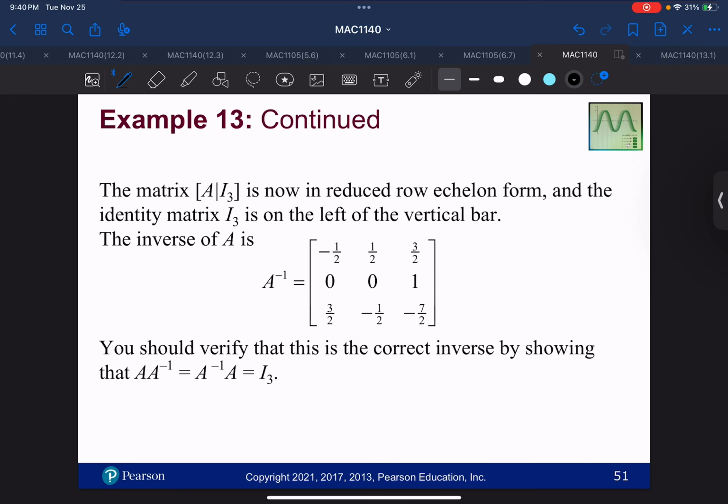And of course you can verify that this is the inverse by multiplying A times A inverse and A inverse times A to show that it gives you back the identity matrix, but it does. And you can even check this in your calculator. I've already showed you how to use your calculator to multiply two matrices. So you can always use your calculator to check your work.